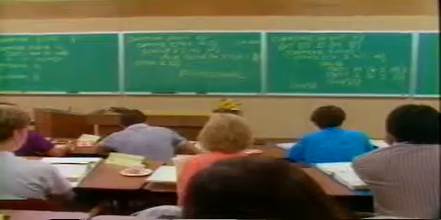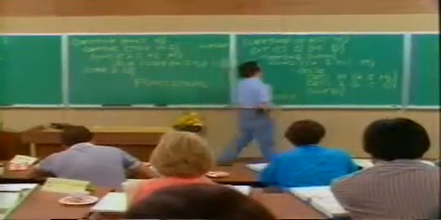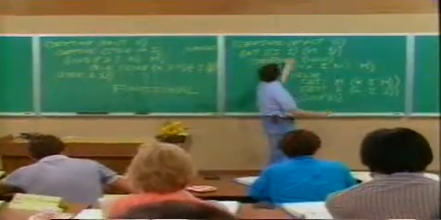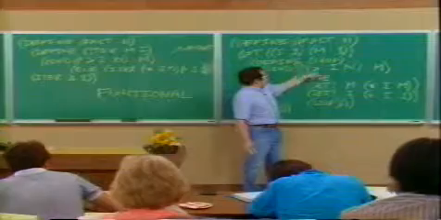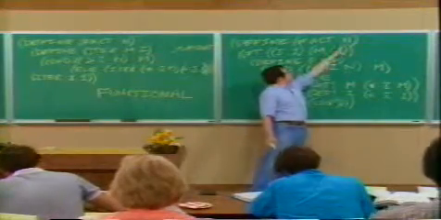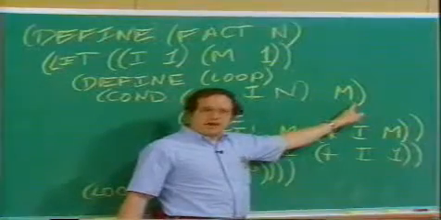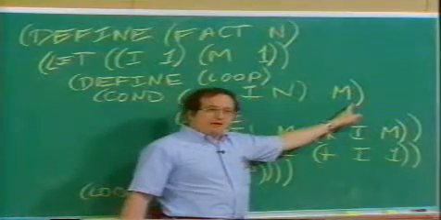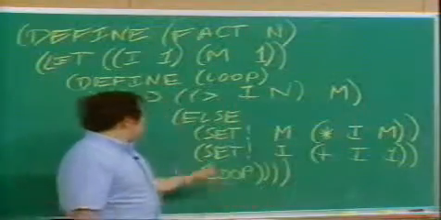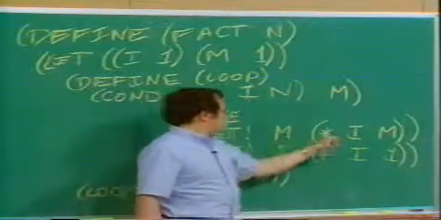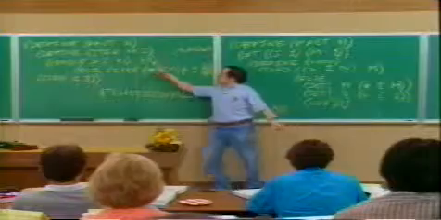Now this program, how do we think about it? Well, let's just say what we're seeing here. There are two local variables, I and m, that have been initialized to 1. Every time around the loop, I test to see if I is greater than n, which is the input argument. And if so, the result is the product being accumulated in m. However, if I'm not done, then what I'm going to do is change the product to be the result of multiplying I times the current product, which is sort of what we were doing here.